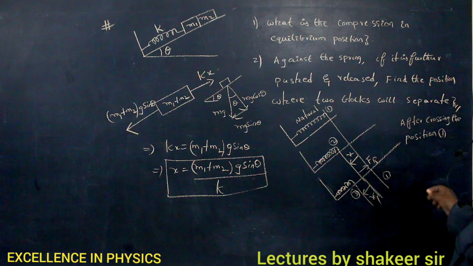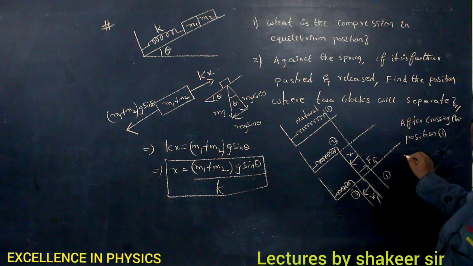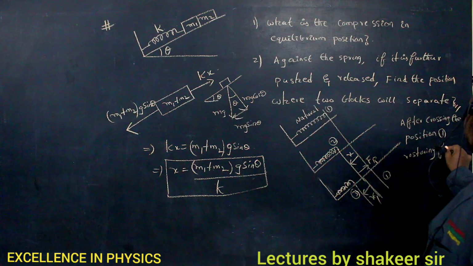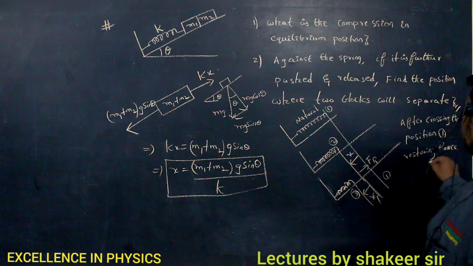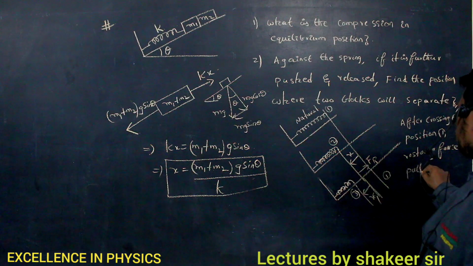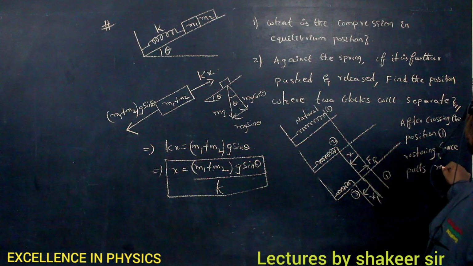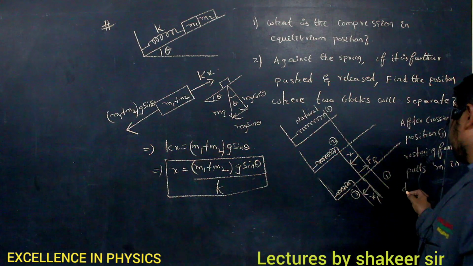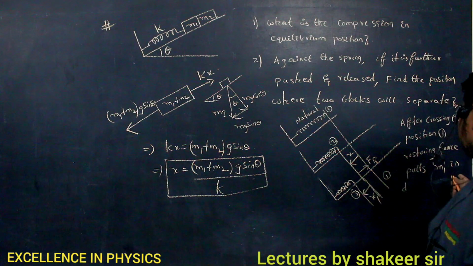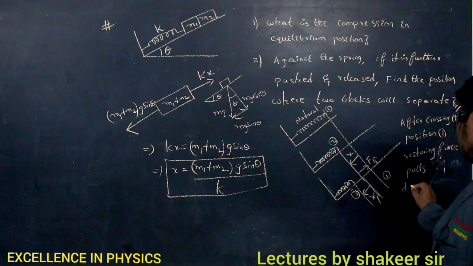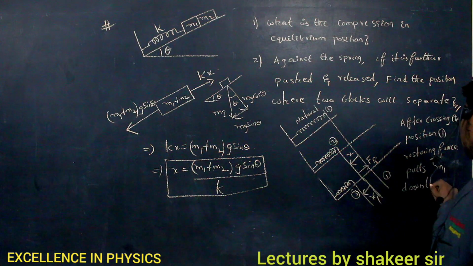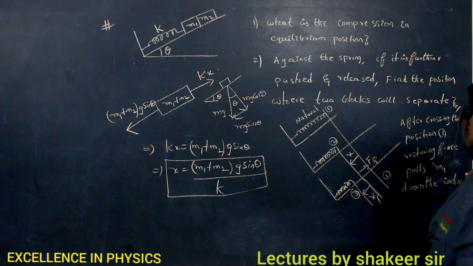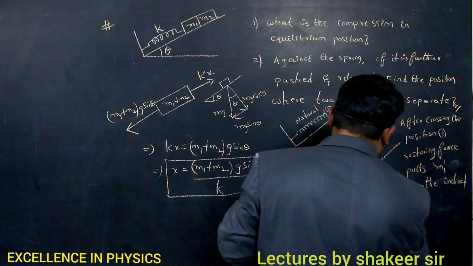After crossing position number 1, restoring force pulls mass m1 down the inclined plane.